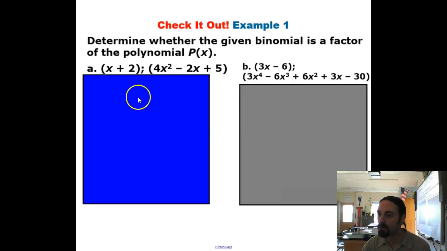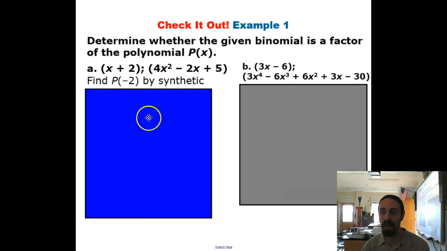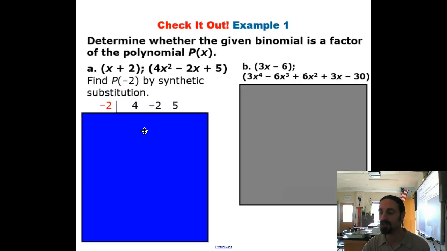So, tables 1 and 3, you went ahead and looked at this problem, and of course you set it up. So you said, well, the form is x minus a, and in this case, if it looks like x plus 2, that means a has to be a negative 2. So then you set up your synthetic division, right? And you looked at this and you said, okay, so I've got coefficients of 4, negative 2, and 5. And you know a is negative 2.